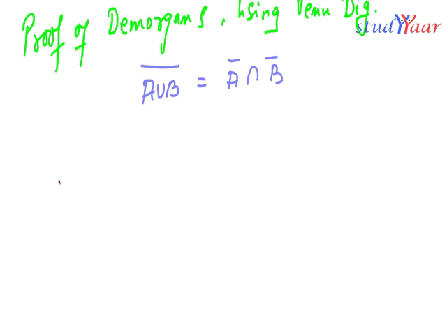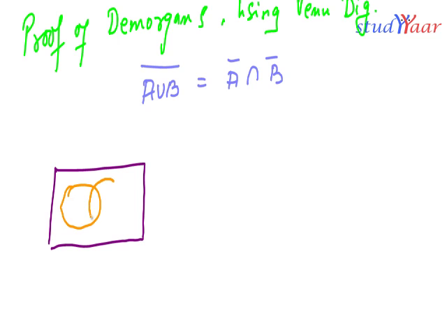So for this I have my universal set like this. I'm going to have A, I'm going to have B. Now A union B is what? A union B is this whole region. So this is my A union B. Now I want to take the complement of this.